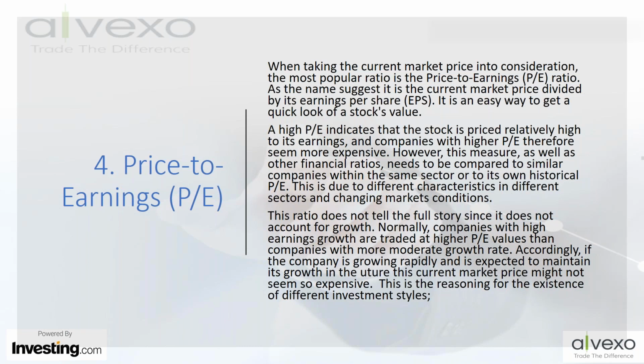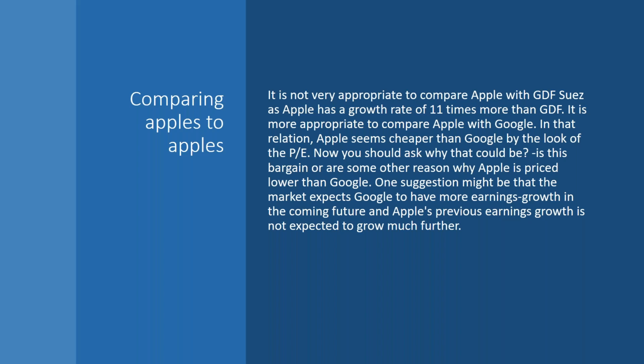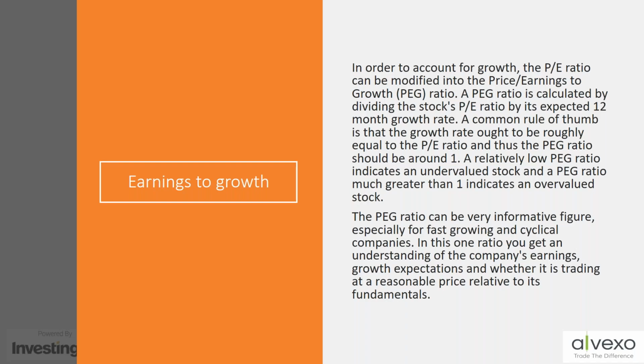This ratio does not tell the full story since it does not account for growth. Normally, companies with high earnings growth are traded at higher PE values than companies with more moderate growth. So you have to make sure you're comparing apples to apples.